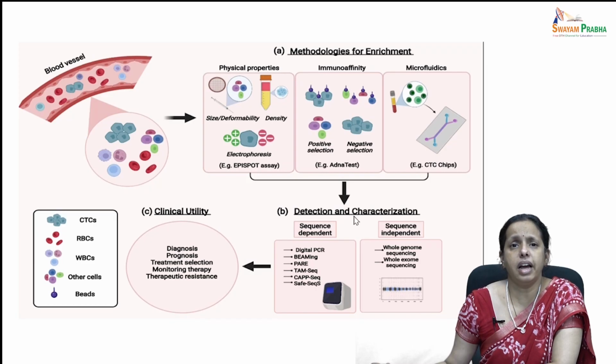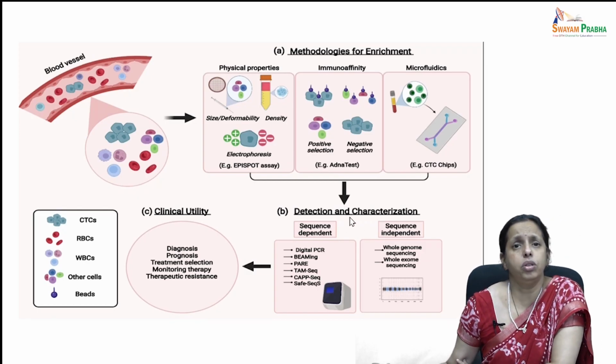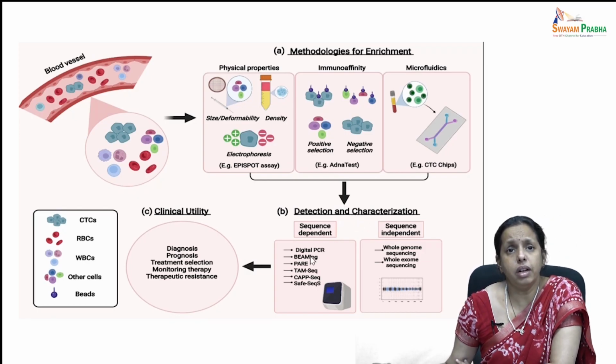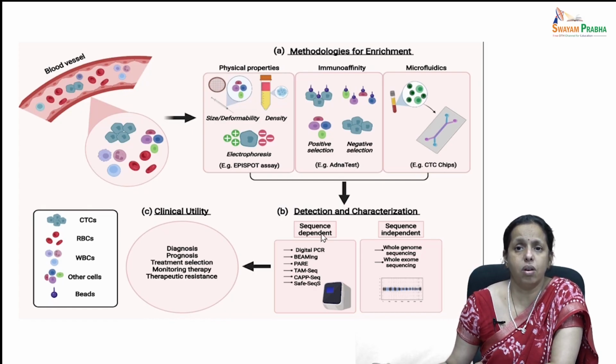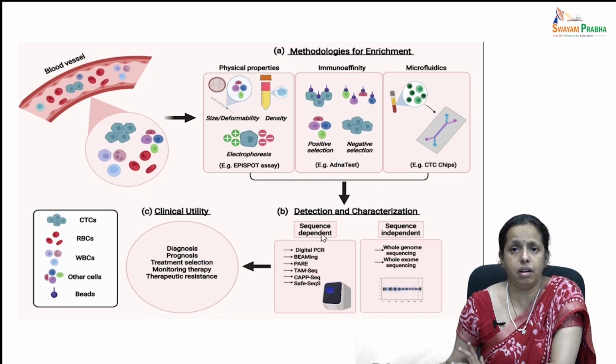Detection and characterization of the CTC involves various techniques that employ primers, so this is sequence dependent. What do you do further after enriching them? You can go for sequence dependent techniques, or maybe a deep sequencing.